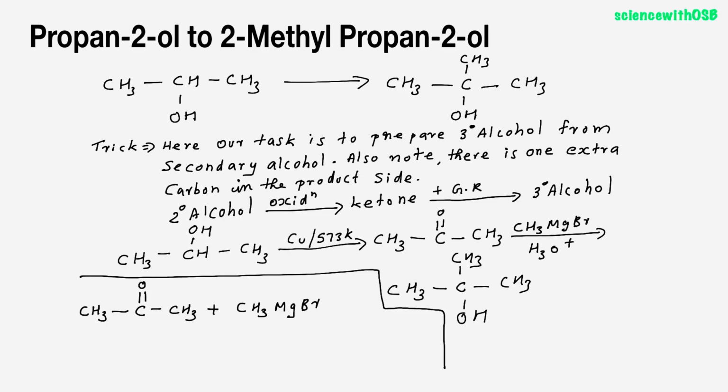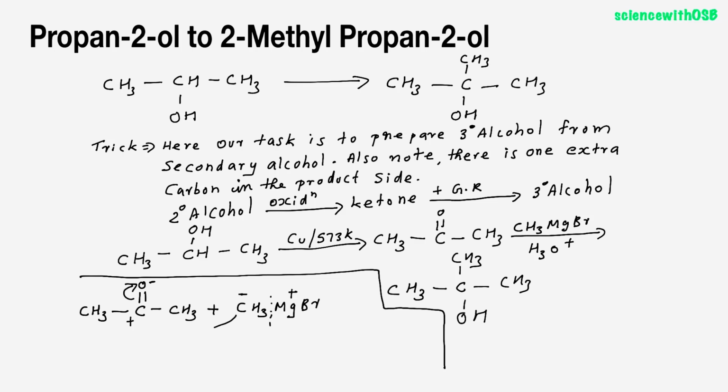So we got the answer, but if anybody has confusion regarding how we get this product from the ketone, listen here, I will explain it in detail. So we got the ketone and we add CH3MgBr. Now what will happen? This bond will shift towards here. Oxygen becomes negative, carbon becomes positive. This bond breaks, this becomes negative, this becomes positive.